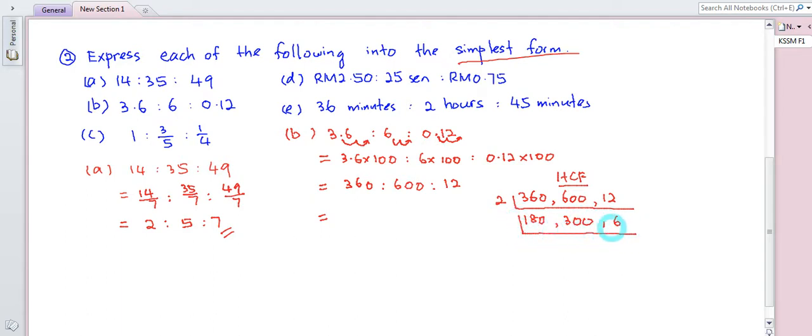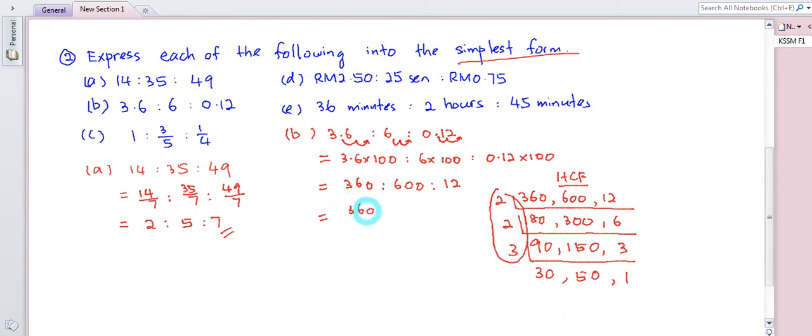Then these can also be divided by 2. Now this 3 cannot be divided by 2. Their common factor is now 3. I just divide all the numbers here by 3. Okay, so this will be the highest common factor. 3, 2, 6, 12. All the numbers you divide by 12.